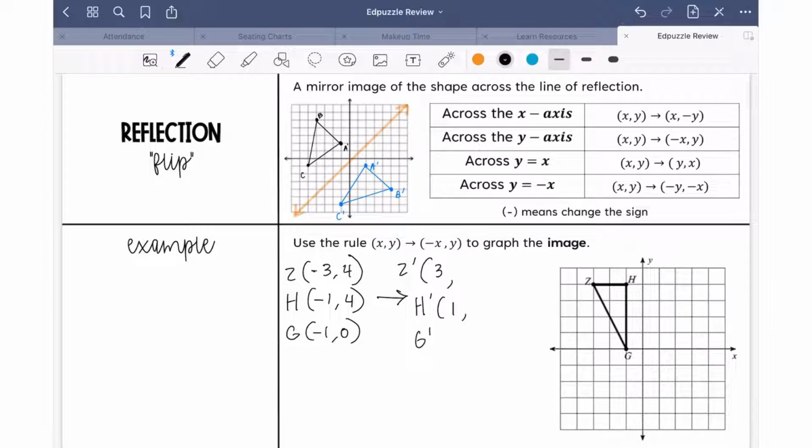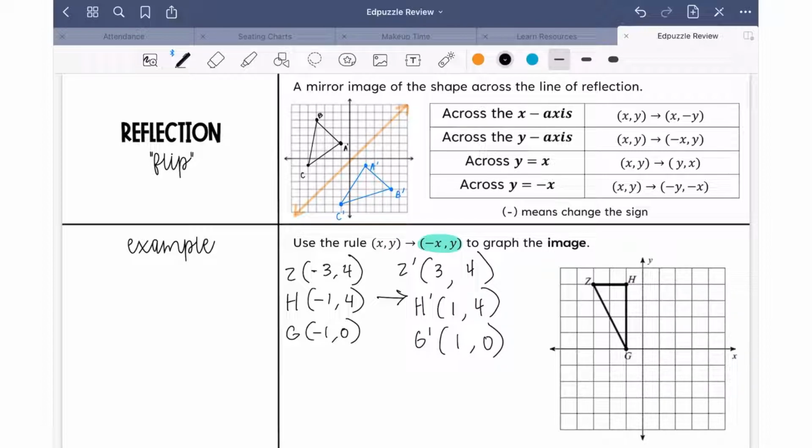And the x coordinate for G prime is now going to be +1 as well. So I went ahead and changed all the x's using the rule that they gave me. Okay. And the y's stay the same. Nothing happened to the y's. We're going to keep them the same. So 4, 4, and 0. These are the new coordinates for the image.